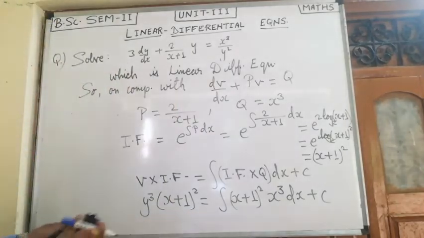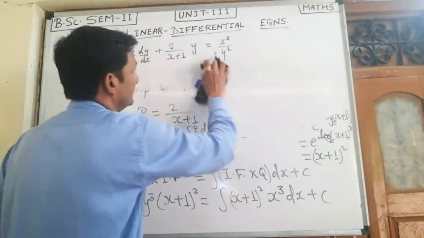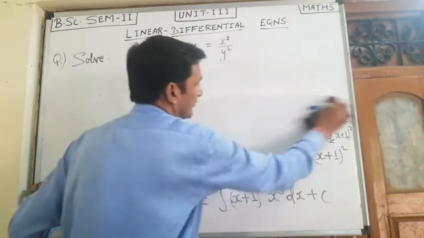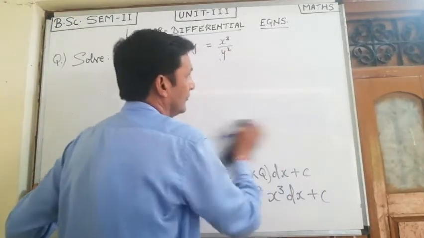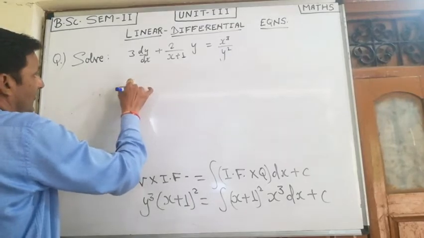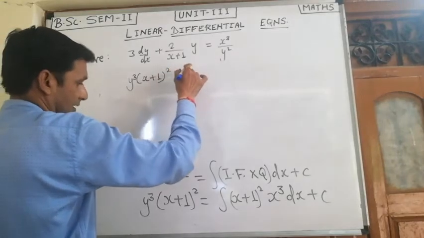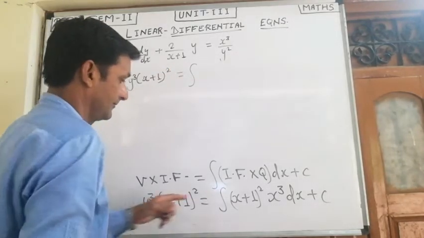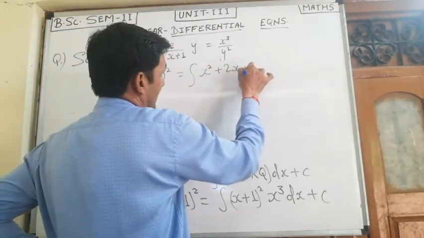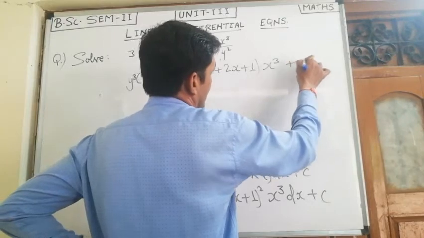Now we have to solve this completely. So it will be equal to y cube into x plus 1 whole square is equal to integration x square plus 2x plus 1 into x cube plus c.